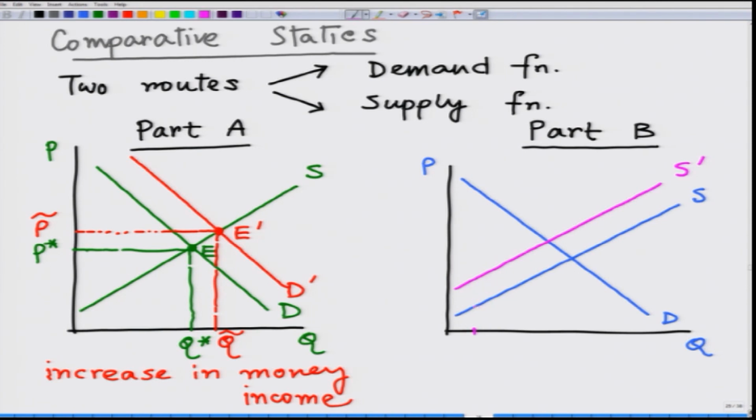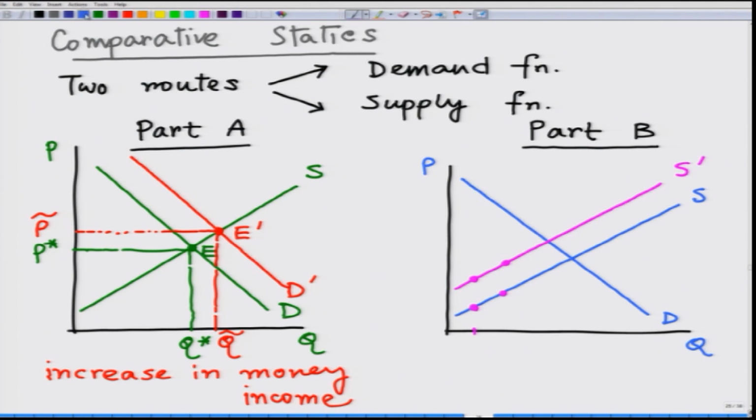You remember that each point on these supply functions is basically the marginal cost, which we will establish later. As the cost of production goes up, the minimum price required for profit maximization of the producer will be much higher. So, the supply curve shifts up. For each quantity level, the supplier will require a higher price.